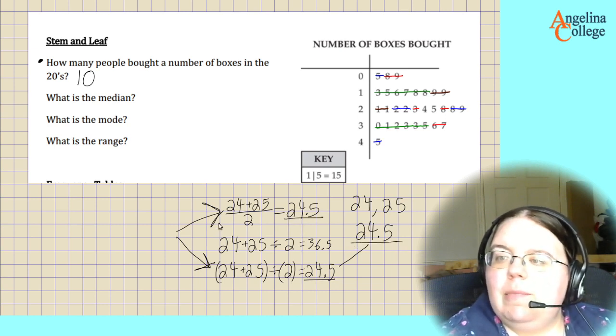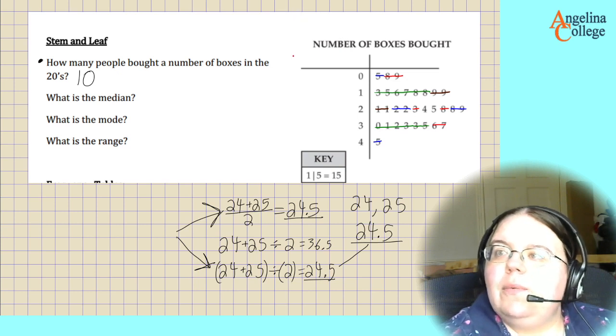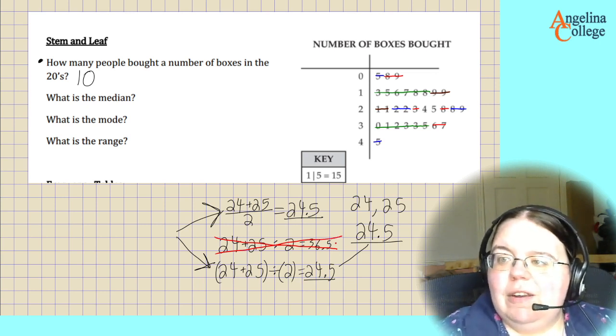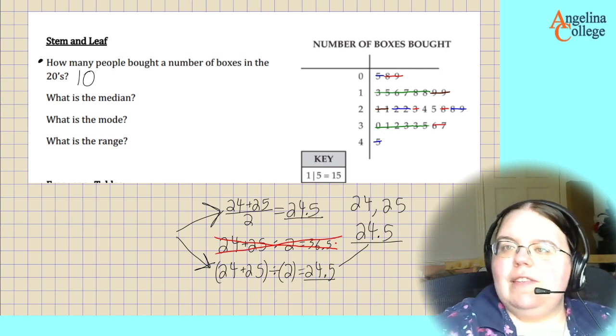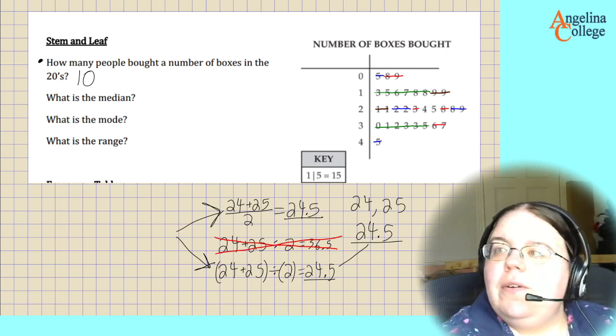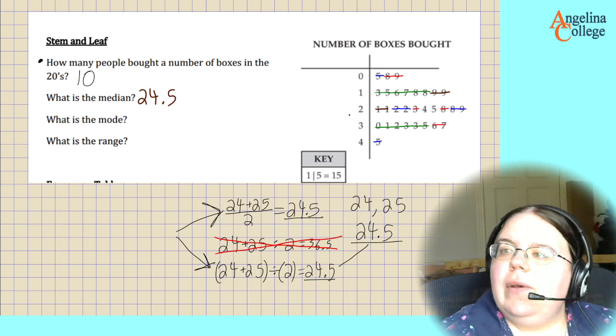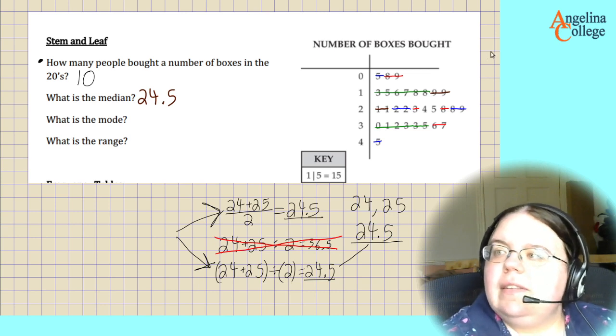The only one that will mess you up would be this way right here, which would apply the order of operations in a way we don't want for this particular problem. So we know now that the median is 24.5.